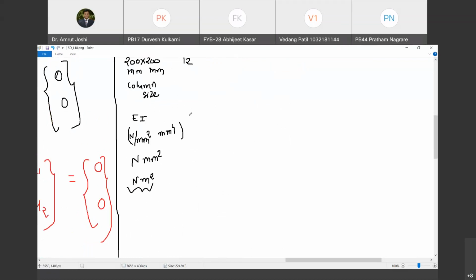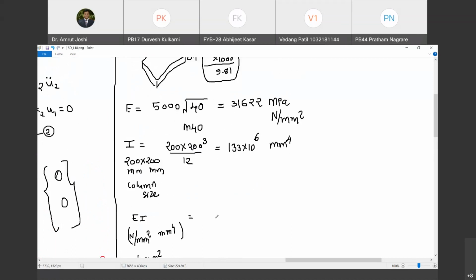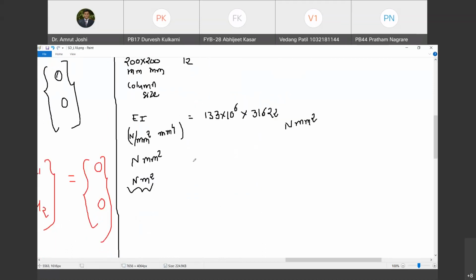Keep this in mind. So how do I write the value of EI? 133 into 10 power 6 is I, multiplied by 31,622. Right? This will be in Newton mm square. I want to convert it into Newton meter square. So what do we have to do? Multiply by 10 power minus 6.